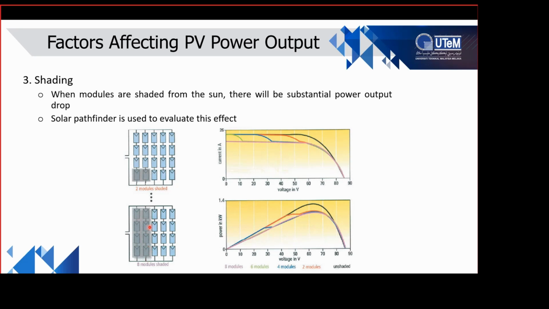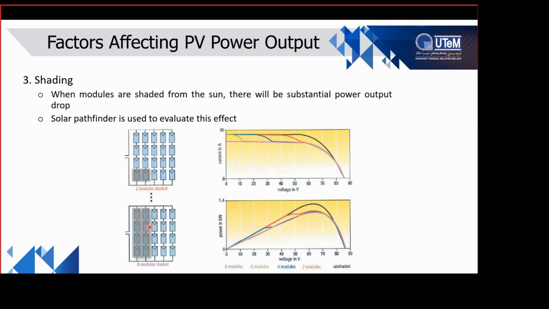When it's connected in series, if one is shaded, then the performance of the rest of the string is affected. Like if you have a series of lamps, one lamp blows, the other lamps also turn off. Similar concept. It's not fully cut off. It's not an open circuit, but the current will be greatly reduced. So this is why we want to avoid shading as much as possible.